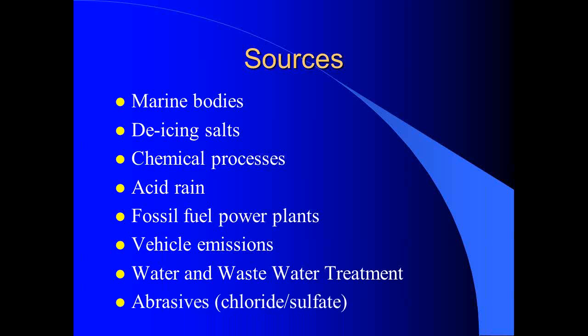Abrasives. As it relates to steel surfaces, if you have an abrasive that's contaminated with chloride or sulfate above a certain level, when you abrasive blast with it, it will transfer onto a clean, uncontaminated steel surface.